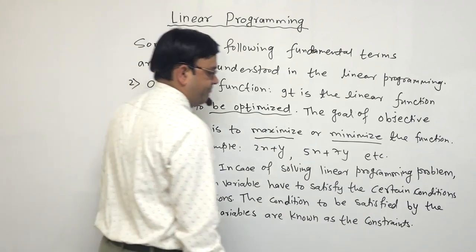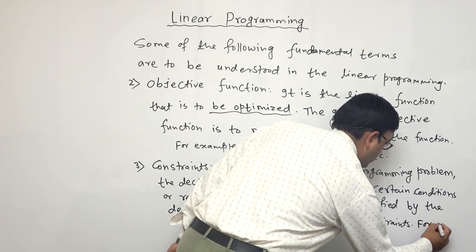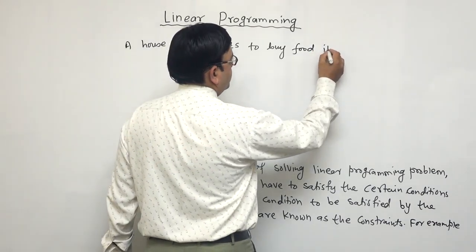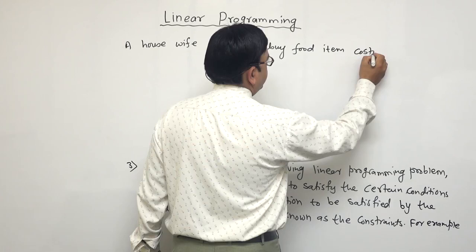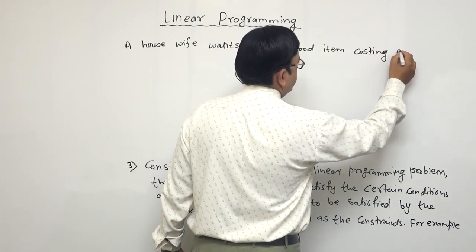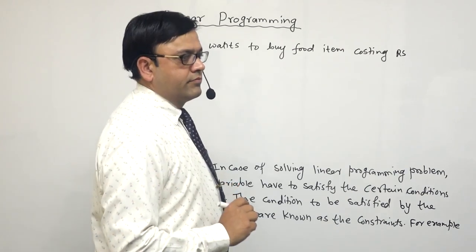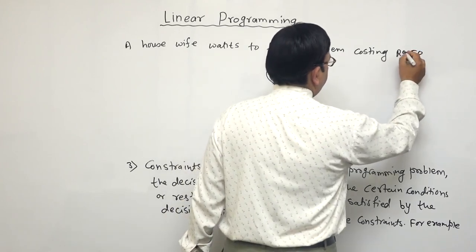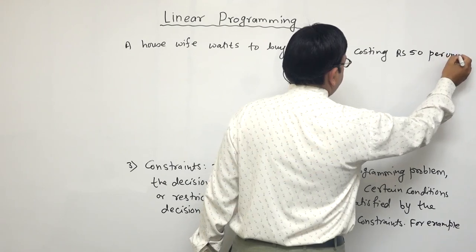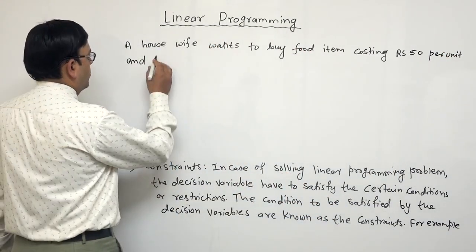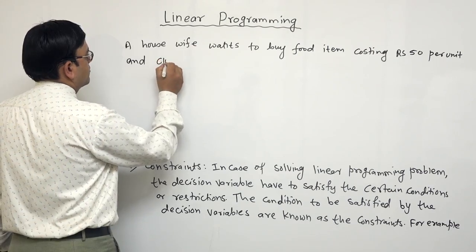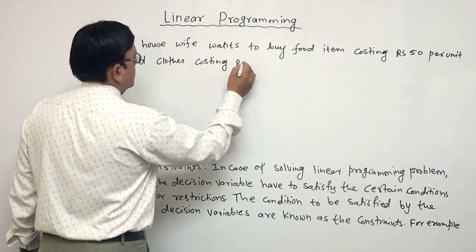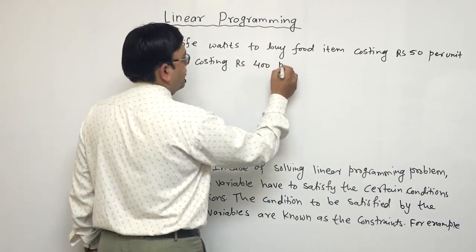For example, a food item costing Rs 50 per unit and clothes costing Rs 400 per piece.